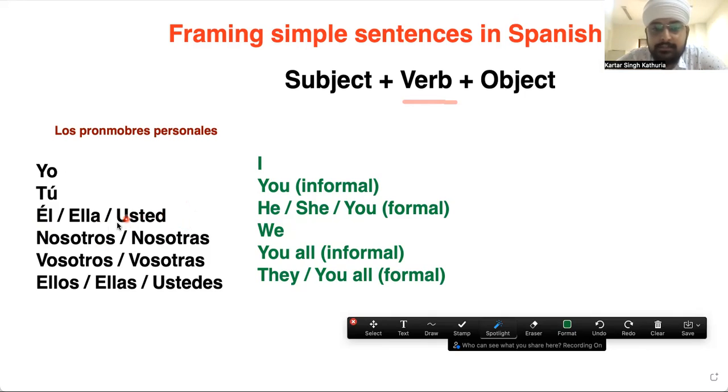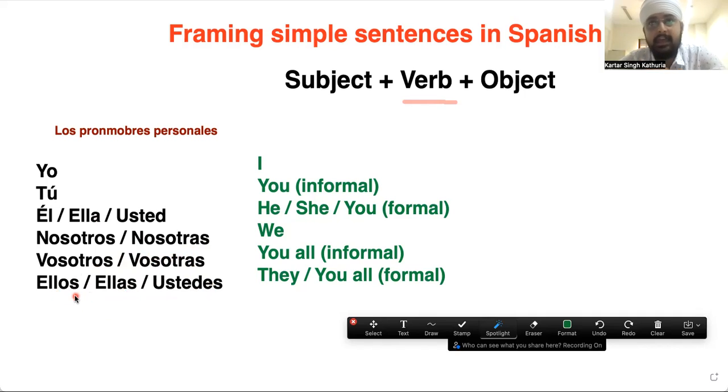Nosotros and nosotras, both words mean we. So why are there two words, nosotros and nosotras? We are going to understand in a couple of minutes. Vosotros, vosotras means you all. But again, why are there two words, vosotros, vosotras? We will see. Ellos, ellas, ustedes. Ellos and ellas means they.